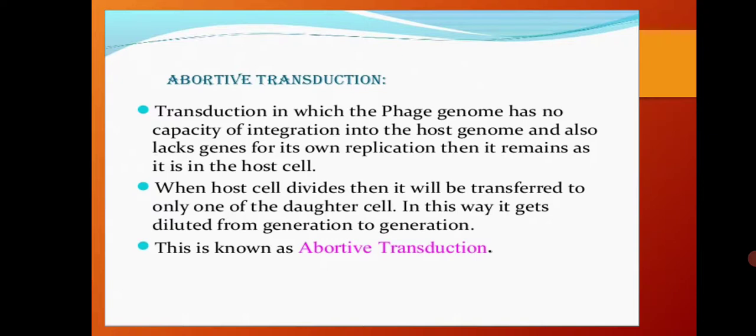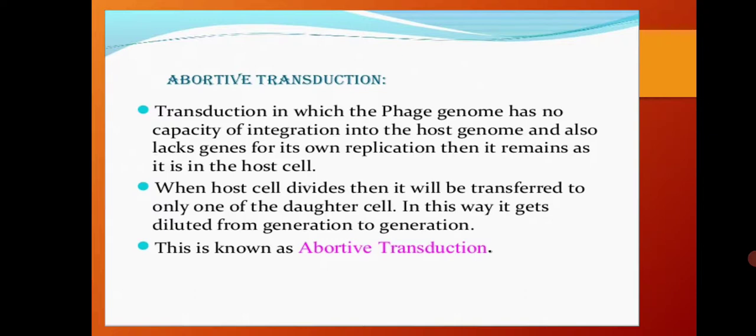What about abortive transduction? In abortive transduction, the exogenote, that is your donor DNA, may not get integrated with the endogenote. The outside gene may not integrate with the bacterial gene, the endogenote, and remains in the cytoplasm as a free particle.